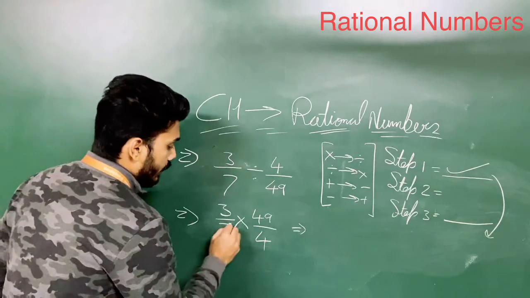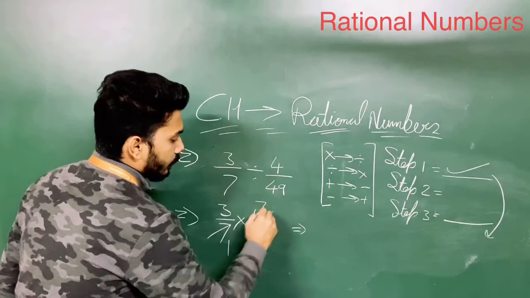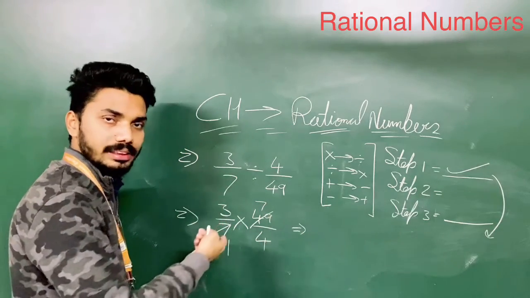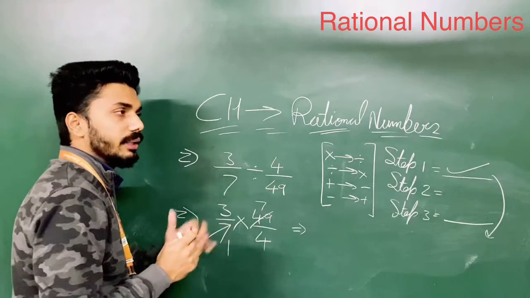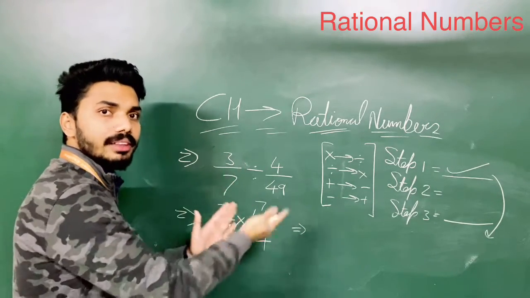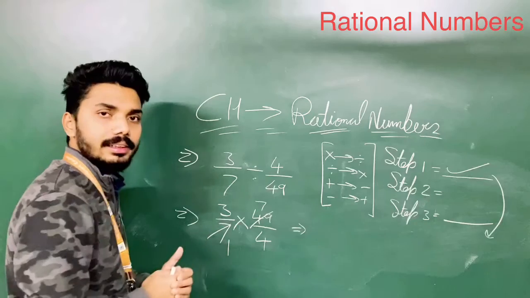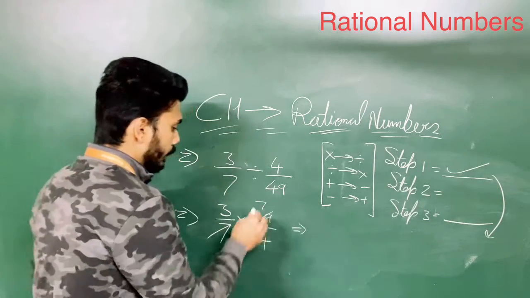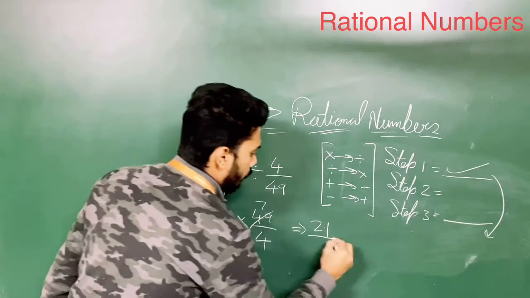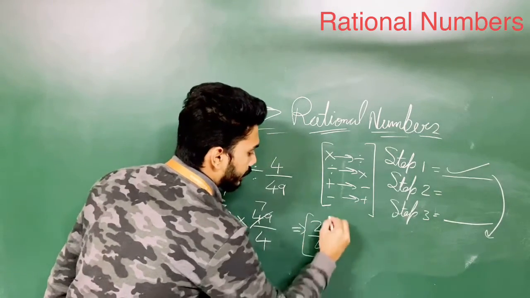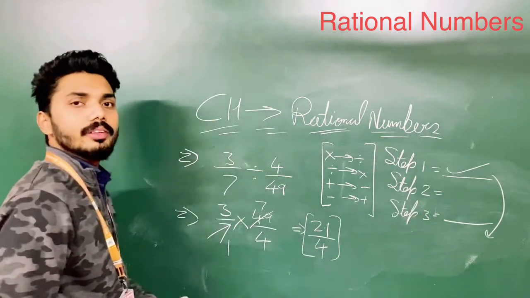That we already know. 7 and 7, 7 7s are 49. So you can directly do this, because if you multiply 49 by 3, it will be quite time taking, and your time will be wasted, because you know how to cut. So it's easy for you. Now you can do 7 multiply 3, 21, 4 multiply 1, 4. So your answer is here. Your answer has come: 21/4.